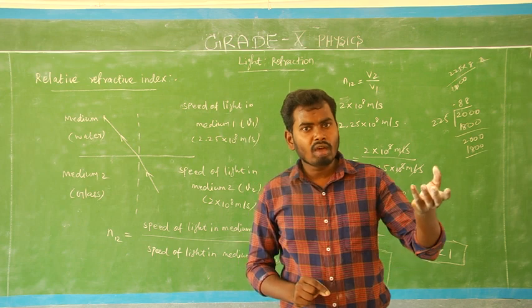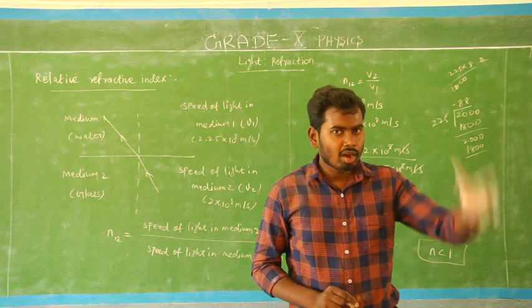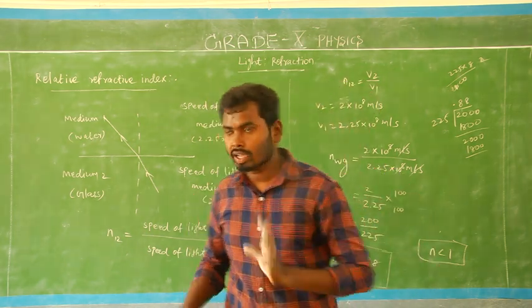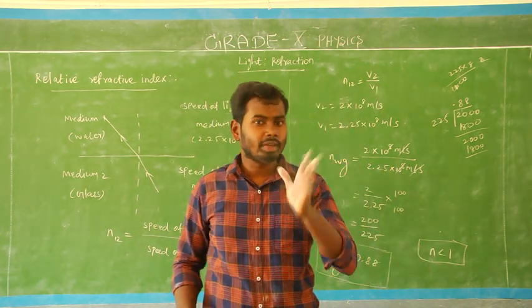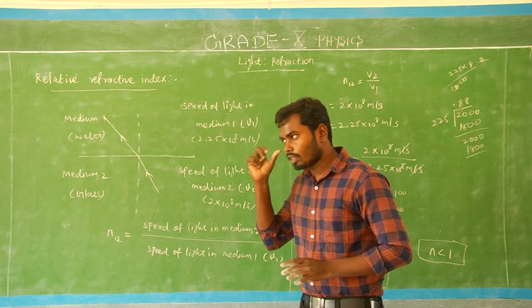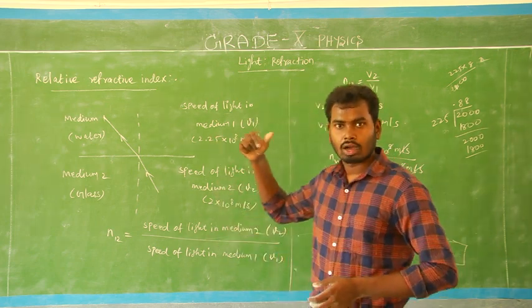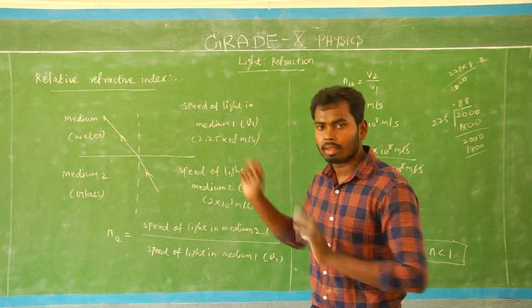If the n value is lesser than 1, light speed increases. Keep these two concepts in mind. It's very easy, and most board exams have asked these questions. Very important point.